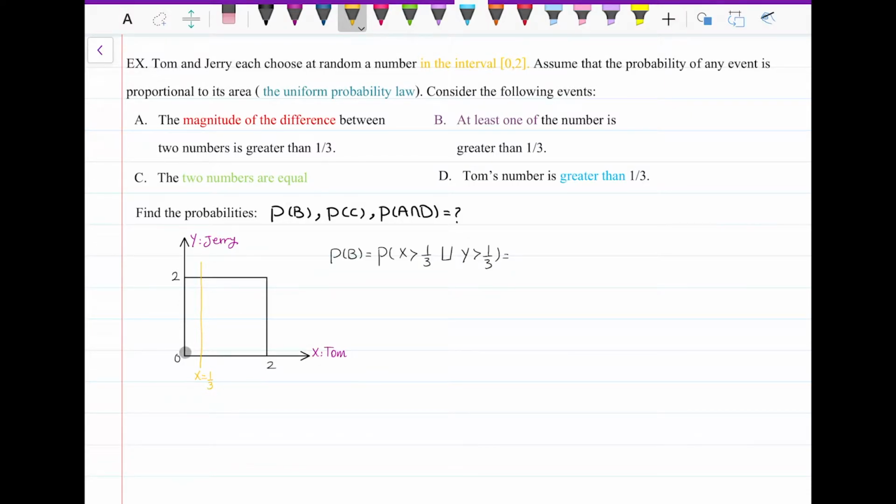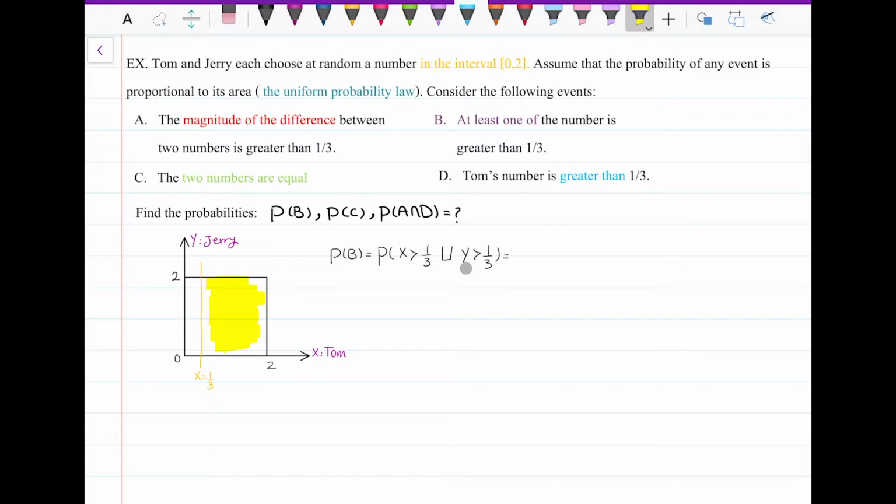I'm going to choose a point. If I choose the point 0, 0, it is not greater than 1/3. So the left of the line is not the region. The right side of the line is the region, so that region is X greater than 1/3.